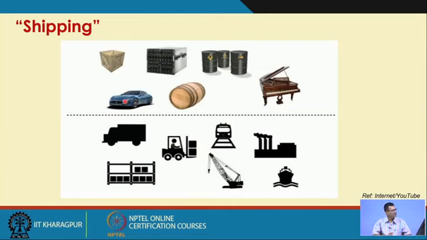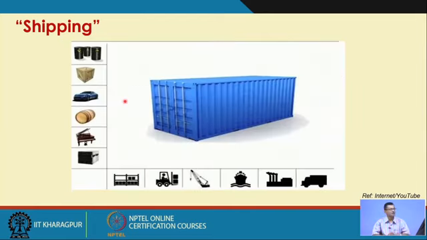So, what did they find out? They found a concept for a sort of docking station or chamber, where if it fits in, it can be shipped. So, any product we put into this sort of docking station, or this type of box, and this box has a standardized size and standardized mechanism of holding, and it can be put on a rack, put on a forklift, put on a crane, put on a ship, taken out from the factory or inside the factory, or put on trucks and carried, right.